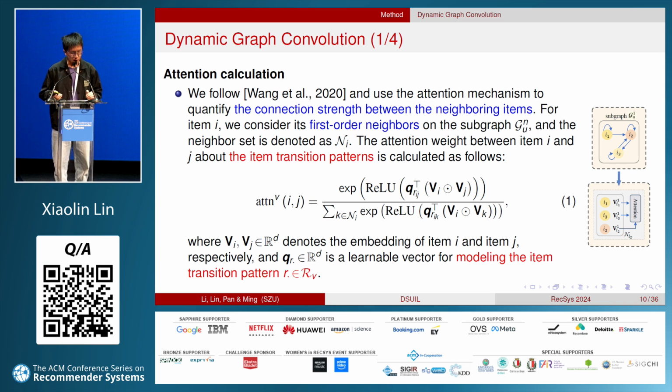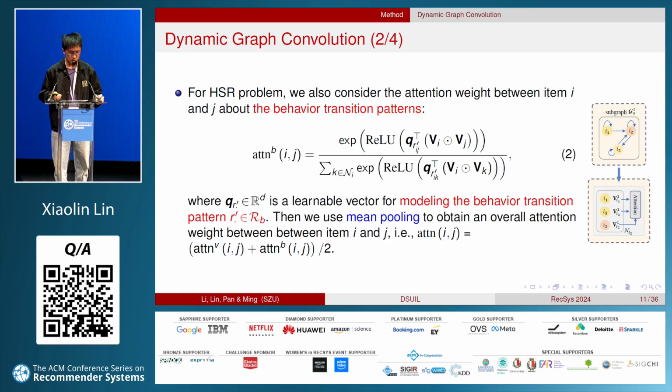For the central item i and its neighborhood item j, we take their element-wise product result and then use a learnable vector to calculate the inner product with it. After calculating with all the neighborhood items, we use a softmax to obtain the attention weight about the item transition pattern.